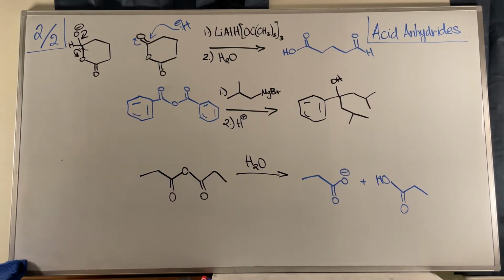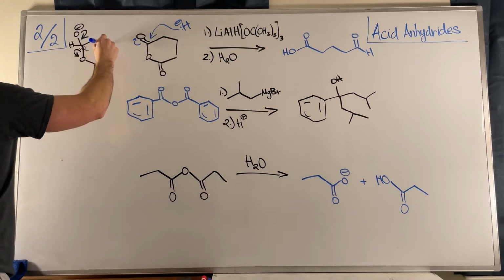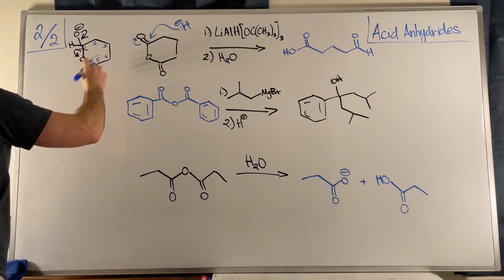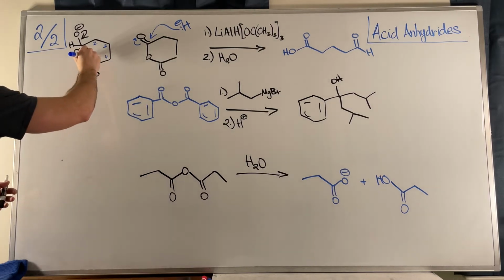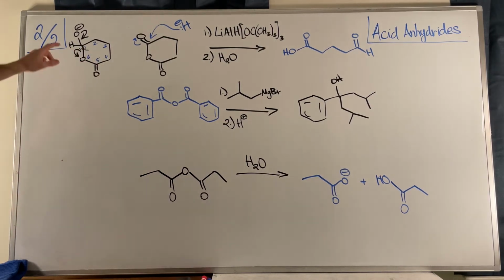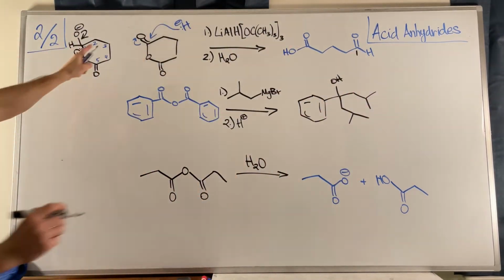At this point, what will help is if we number. I'm going to number 1, 2, 3, 4, and 5. I'm just numbering the carbons. I could give this oxygen a 6 if I wanted to. You can go ahead and do that. But you're going to see on carbon 1, I'm going to have an aldehyde, and I'm going to have a 5-carbon chain. So if you look over here, this is carbon 1, an aldehyde. It has a hydrogen.